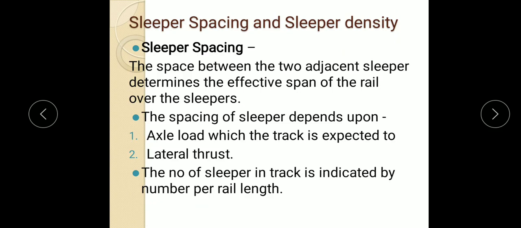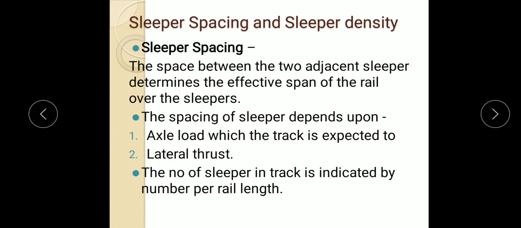Next we are going to discuss two important definitions, that is sleeper spacing and sleeper density. First is the sleeper spacing. The space between two adjacent sleepers determines the effective span of the rail over the sleepers.